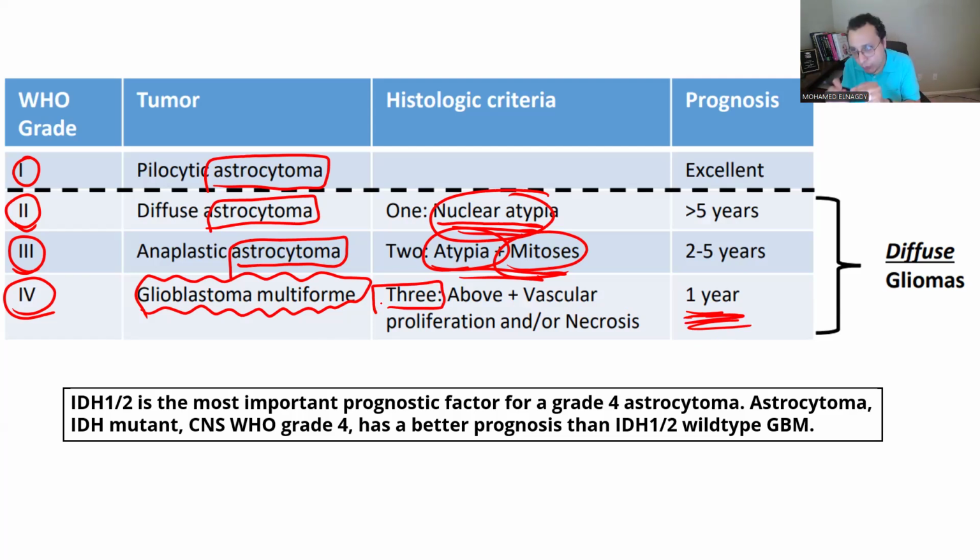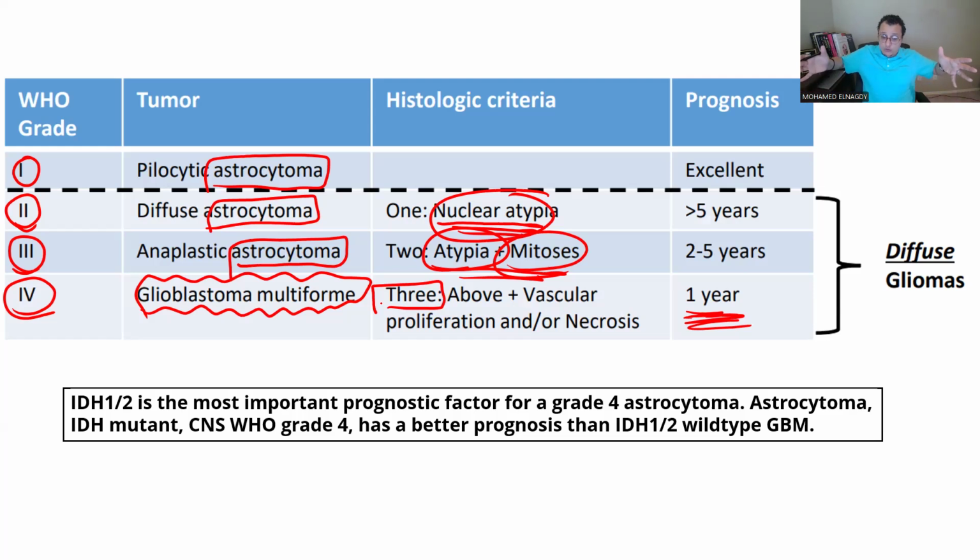Necrosis or endothelial hyperplasia, which is vascular proliferation. Vascular proliferation means the tumor is rapidly dividing. It has so many cells that the cells make blood vessels to get blood supply for the growing tumor.